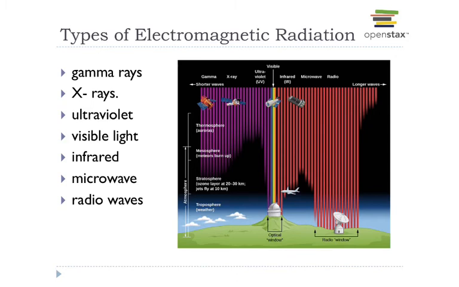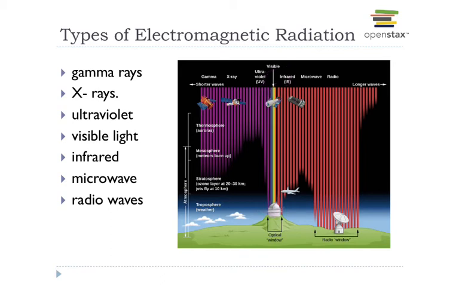So our atmosphere protects us against some of this radiation. We can see here on this image that gamma rays don't make it quite all the way through because our atmosphere is helpful to protect with some of that. Visible light makes it all the way through, and we're actually able to see that.